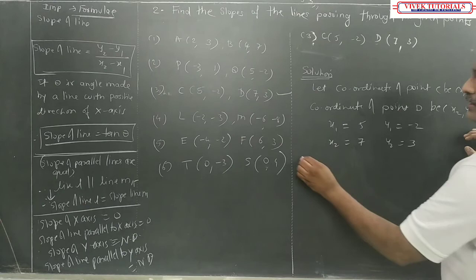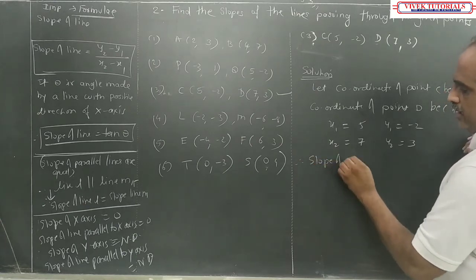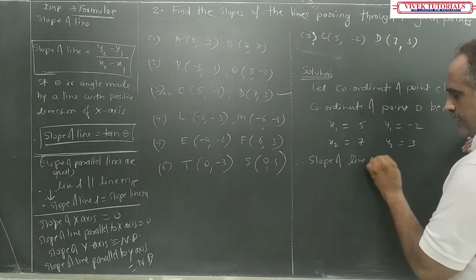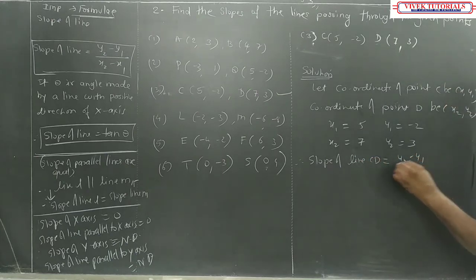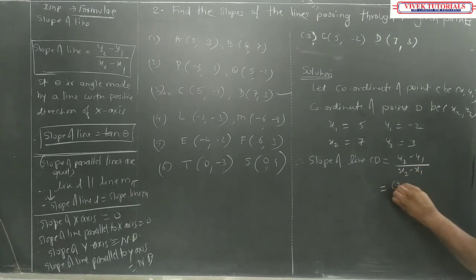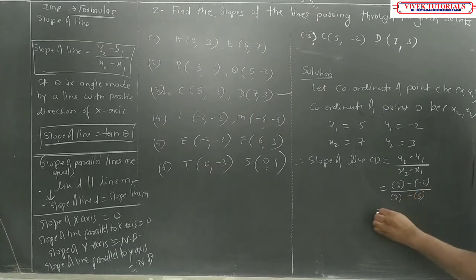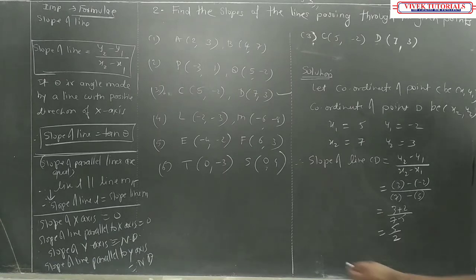Then the slope of line CD is equal to (y2 minus y1) upon (x2 minus x1). y2 is 3 minus -2, and x2 is 7 minus 5. So this becomes 3 plus 2, 7 minus 5, 5 upon 2. Therefore, the slope of line CD is equal to 5 upon 2.